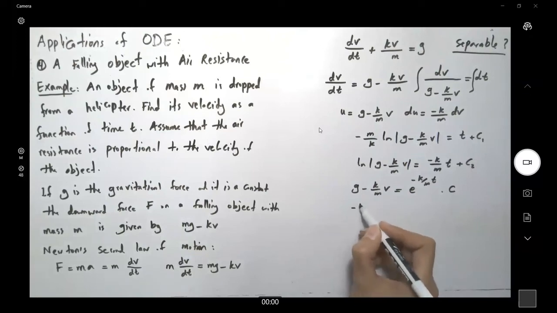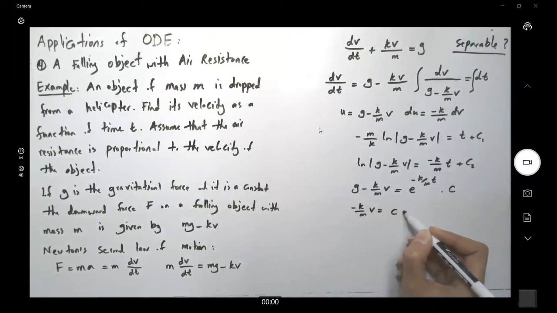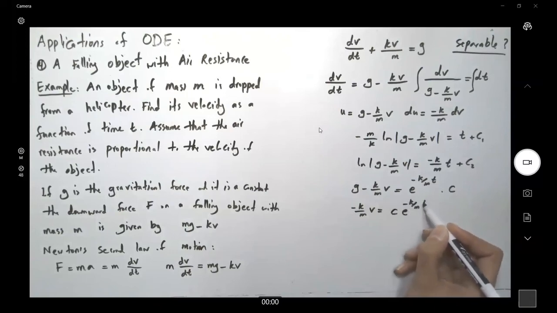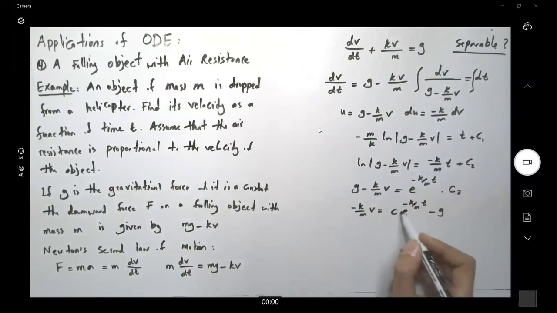So our negative (k/m)v becomes c e to the negative (k/m)t minus g, or just let's multiply everything by and call it c sub 3, because eventually we have to simplify this.